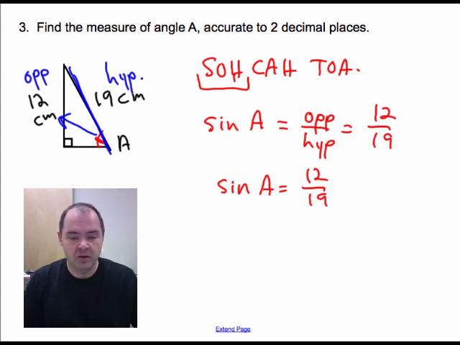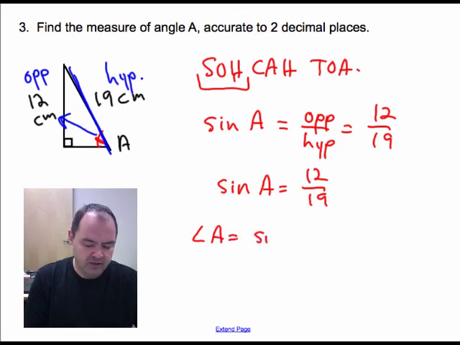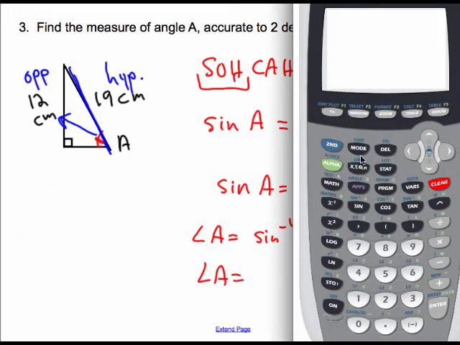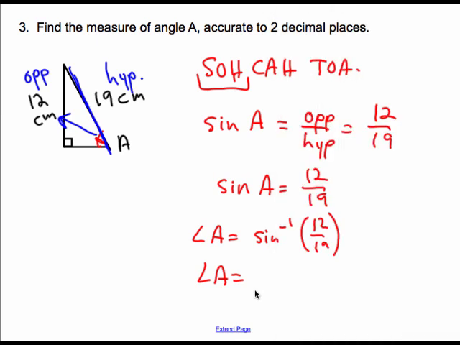We know the ratio, we want to find the angle. So to go in reverse, we will enter the inverse sine of the ratio. Inverse sine of 12 divided by 19 gives us an angle of 39.17 degrees.